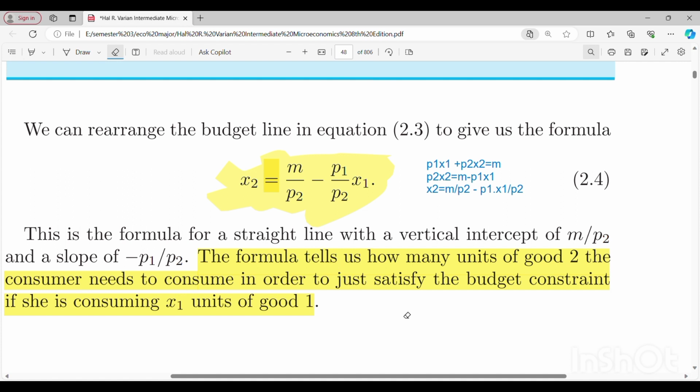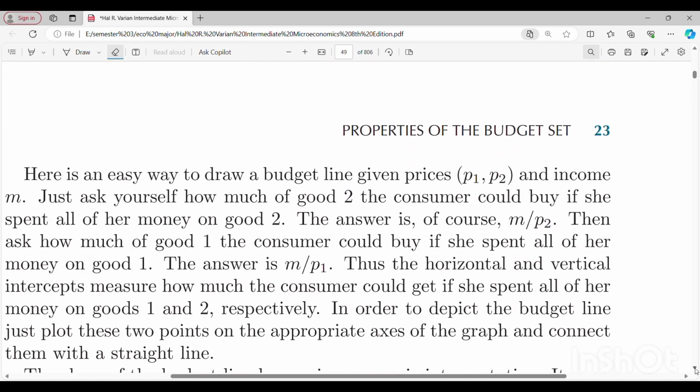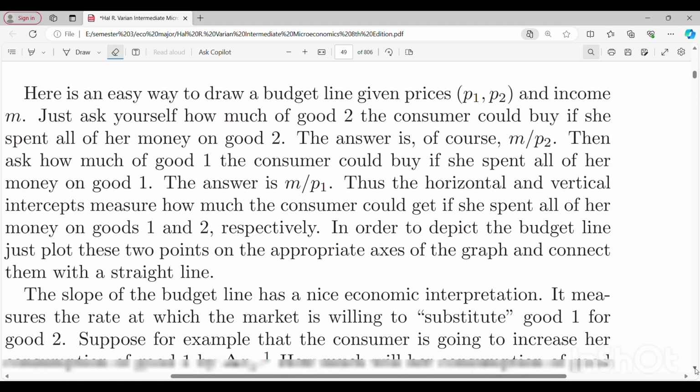This formula tells us how many units of good 2, that is X2, the consumer needs to consume to satisfy the budget constraint if she is consuming X1 units of good 1. Okay, that's it. Next is about drawing this budget line, just read it. There is nothing more in that.